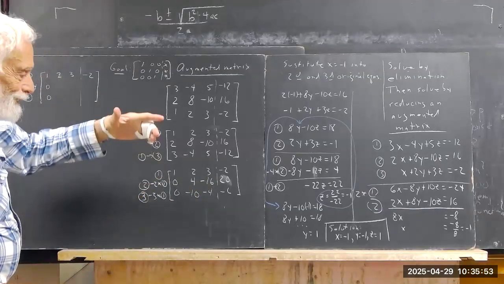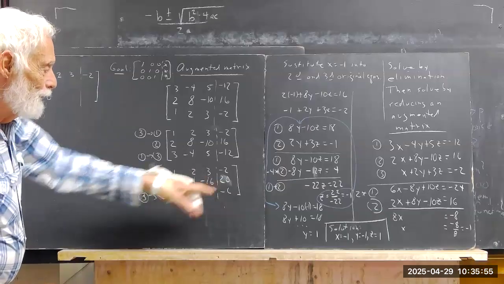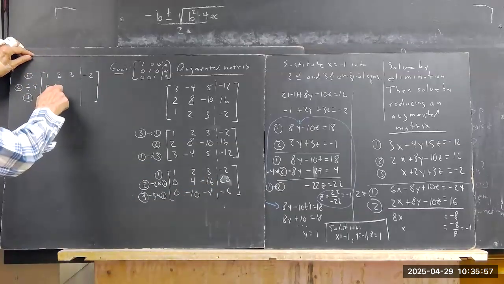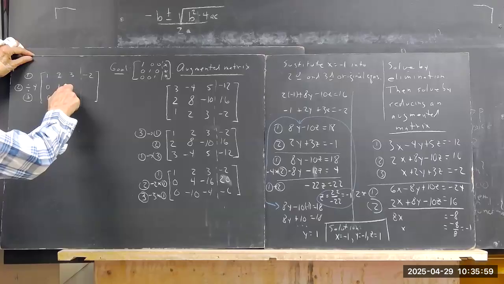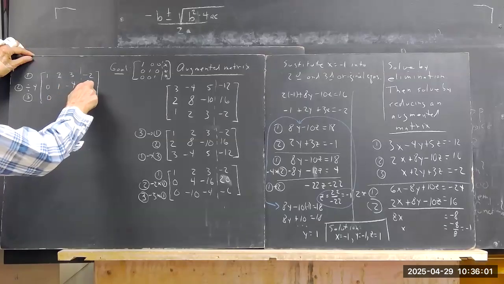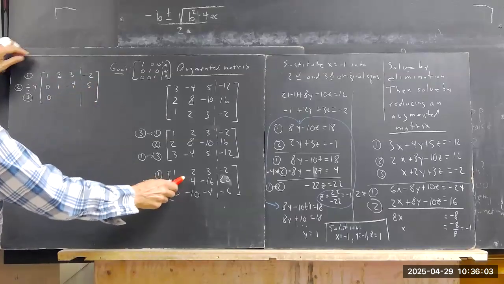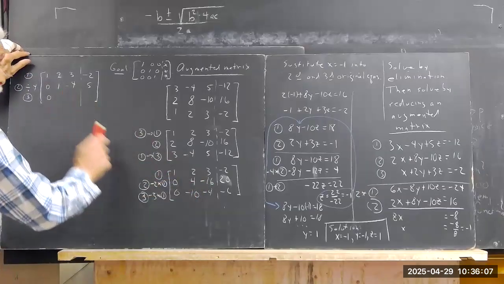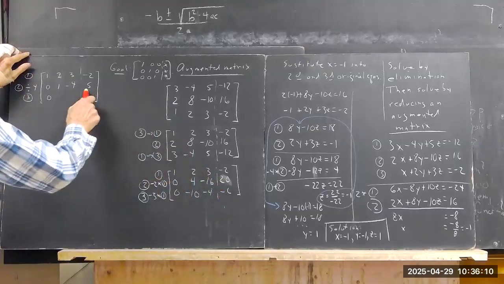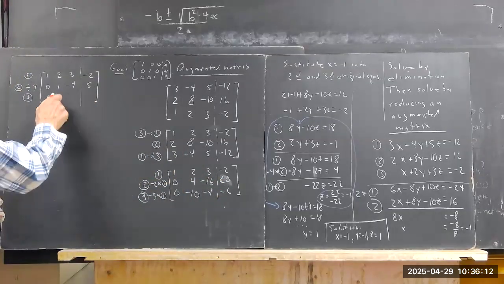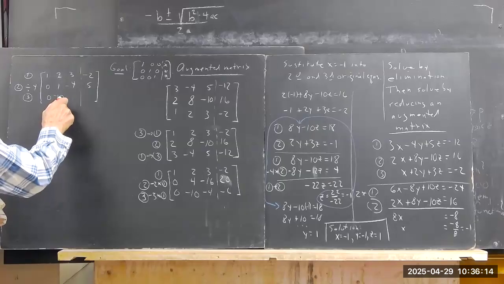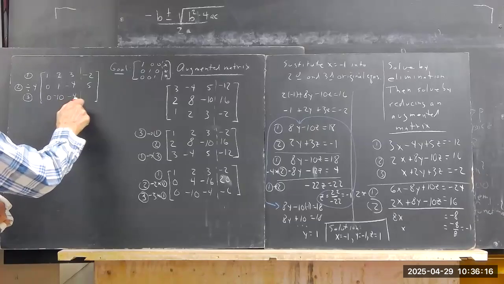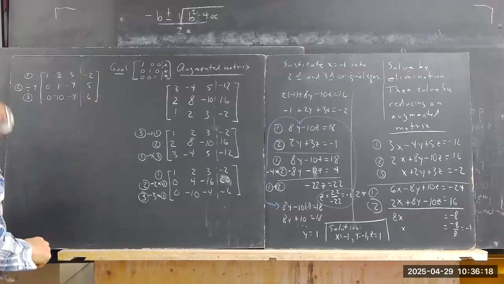I'm going to risk not writing out the whole process, and just write a 1 here, -4 here, 5 here. 4 divided by 4 is 1. -16 divided by 4 is -4. 20 divided by 4 is 5. Then I'll have my -10, my -4, and my -6.